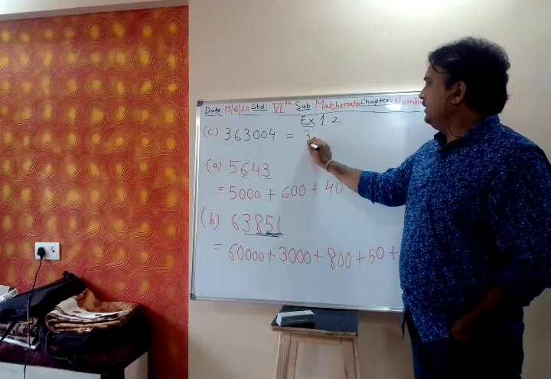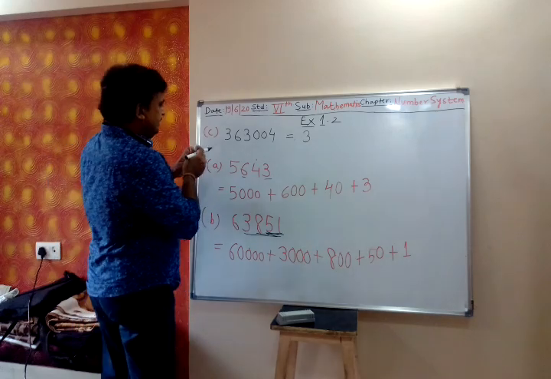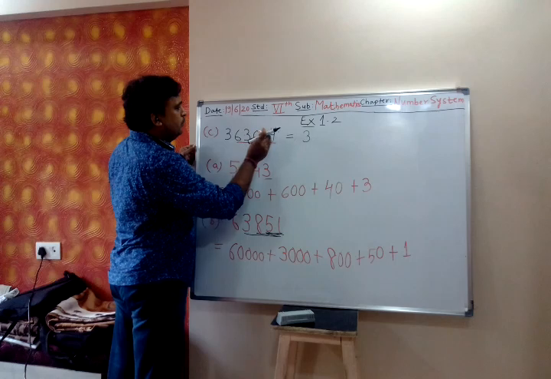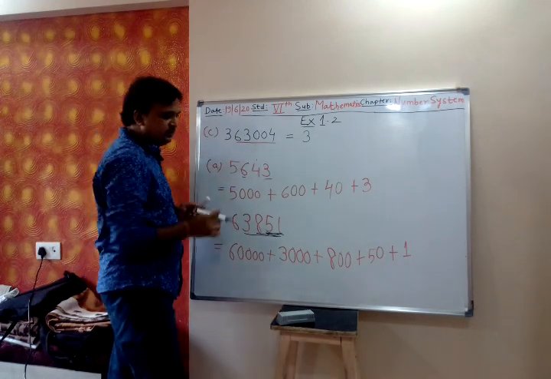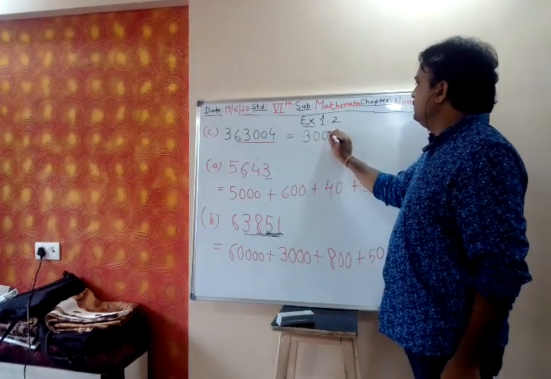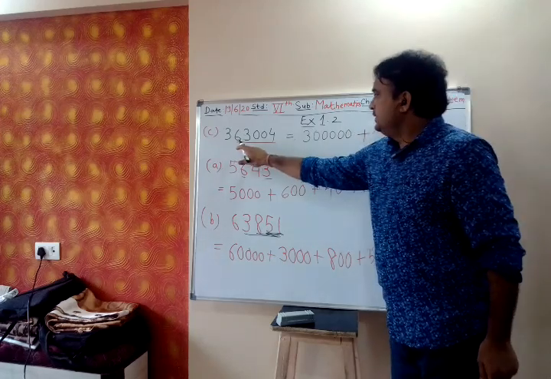We write 3. After 3 there are 1, 2, 3, 4, 5 digits. After 3, I will write 5 zeros. So 3, 0, 0, 0, 0, 0, plus 6.